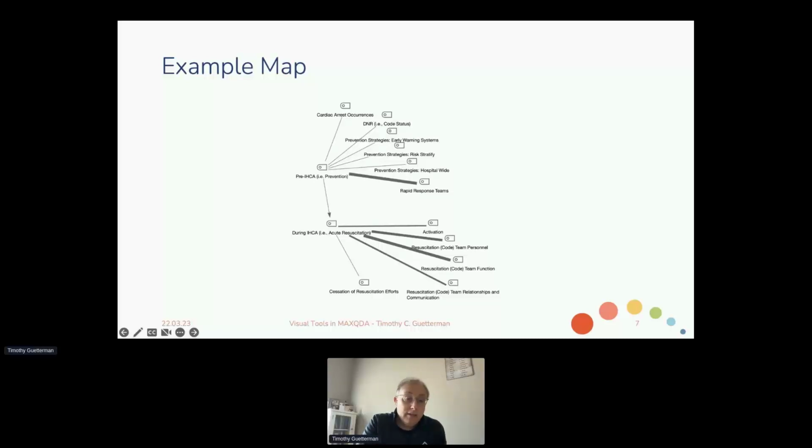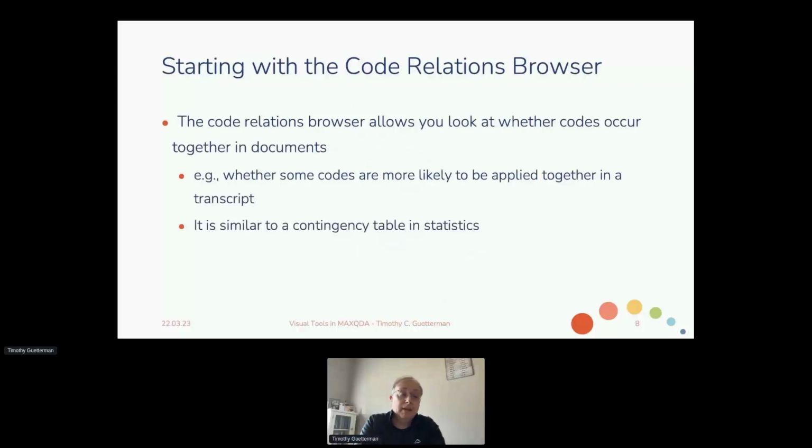Lines that are thicker than others indicate the frequency of a particular code. So it's again a way to visualize that. And of course, frequency is not everything. It may or may not be important, but it could give you an indication of patterns when looking at MAXMaps.